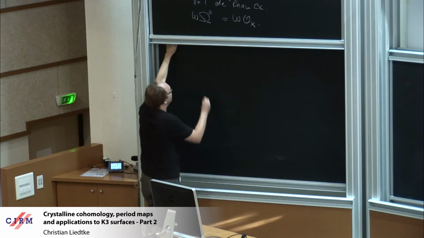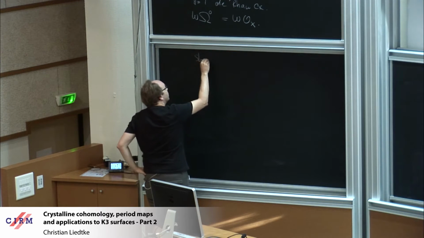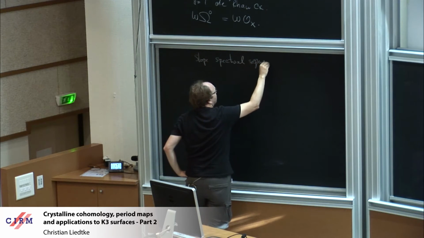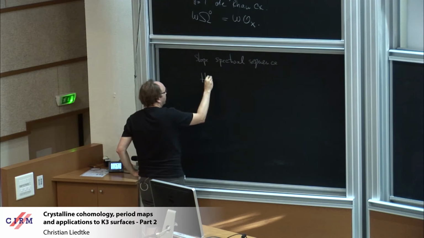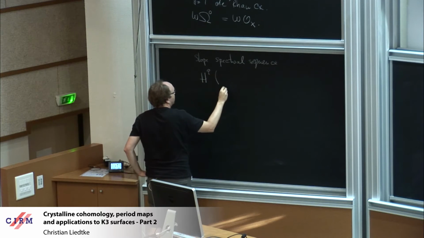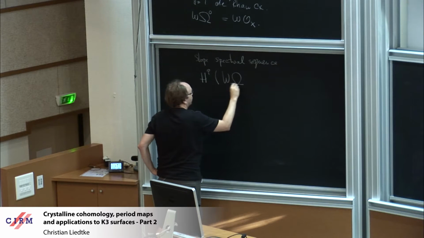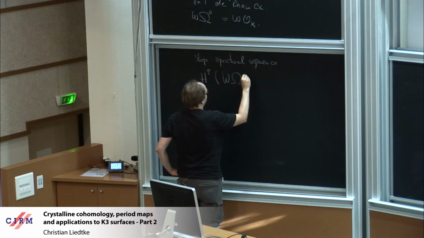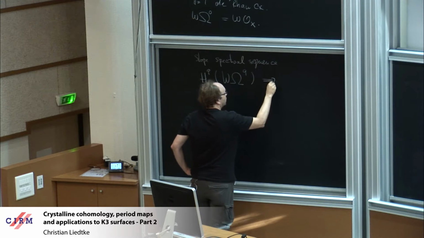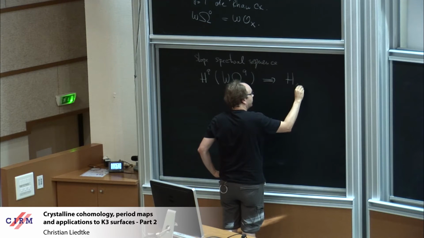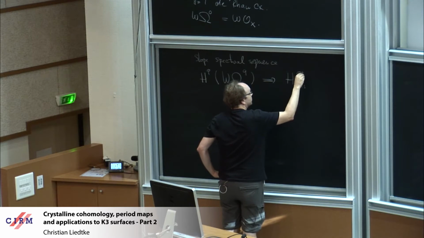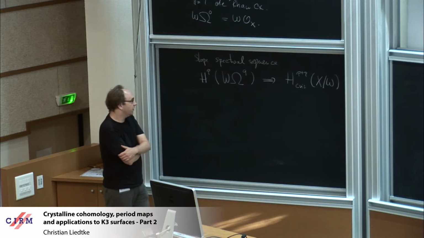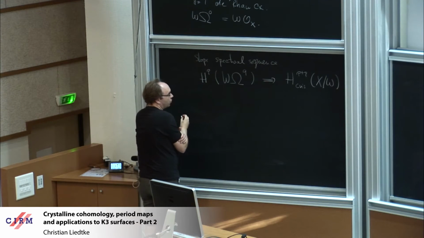And so the thing is that there is a spectral sequence called the slope spectral sequence, which goes from H^q of W Omega^p. So if I leave out the index, that's just the limit over the W_n Omega^p, to crystalline cohomology. It's called the slope spectral sequence, and it always degenerates up to torsion.